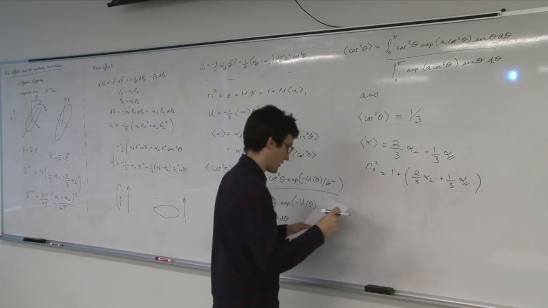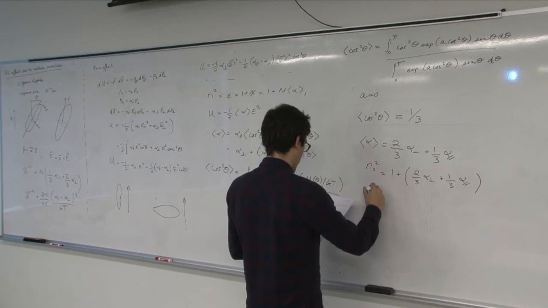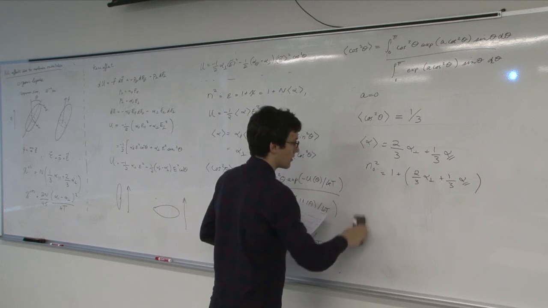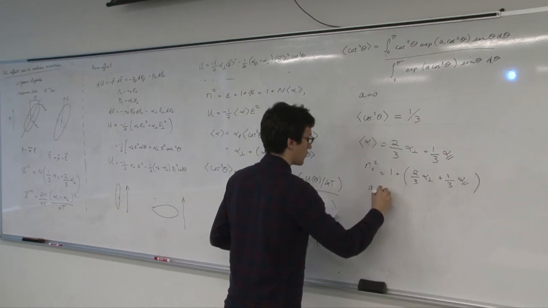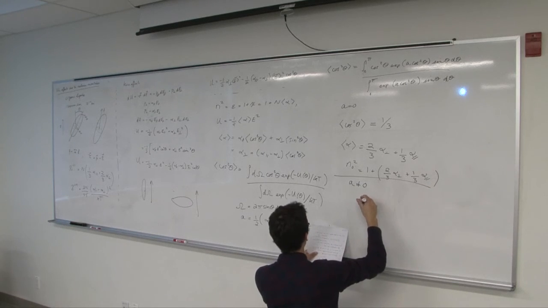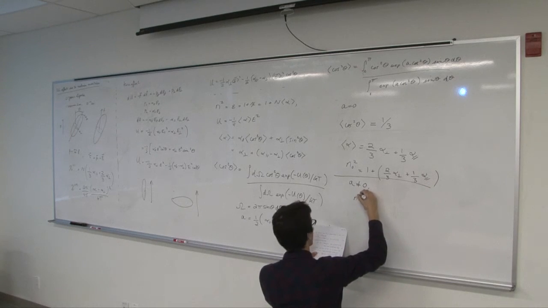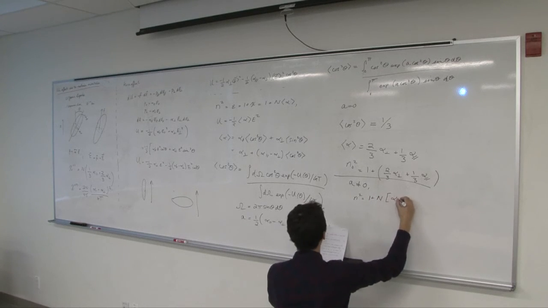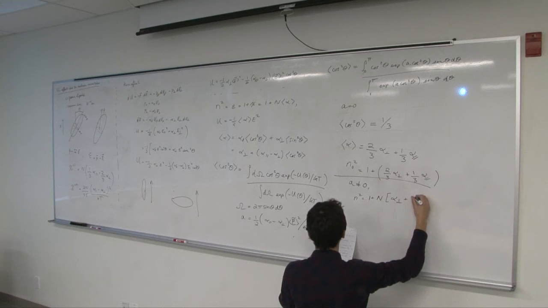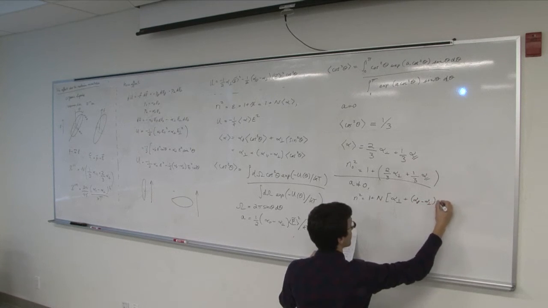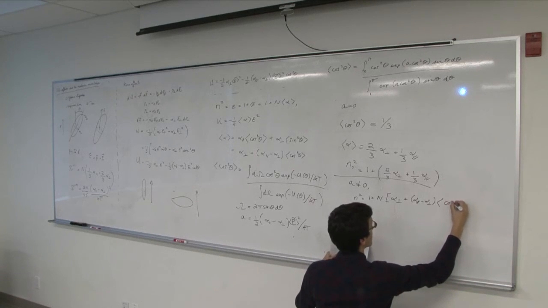So you find that n square, so I will write A is not equal to 0, you will have that n square is equal to 1 plus n alpha perpendicular plus alpha parallel minus alpha perpendicular, and then you have the cosine, the integral that we've been talking about earlier on.